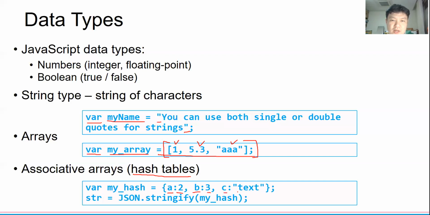This is another key, and then this is the value. So A is the key, and whenever you try to call A, then the value will be shown. If you want to access B, then the value 3 will be shown. If you want to access C, the value text will be shown. And in order to show this kind of associative array, you can use JSON.